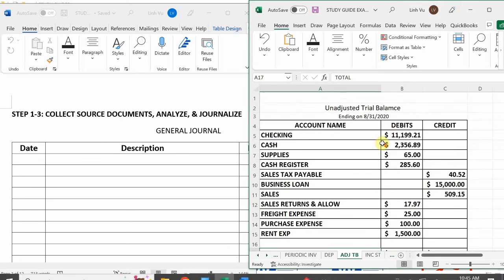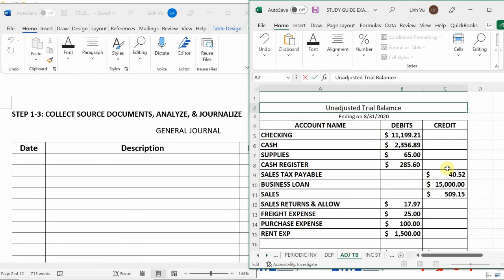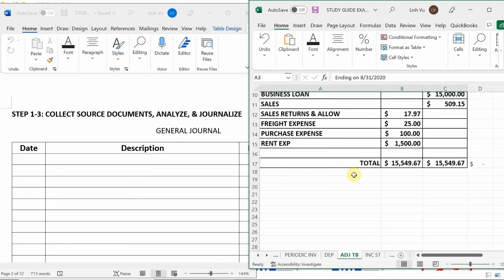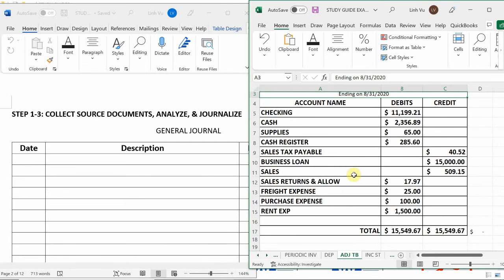All I have to do is change the names, because this is the adjusted trial balance now. I have all the same accounts I had previously. The only difference is I'll be adding extra accounts and deleting.